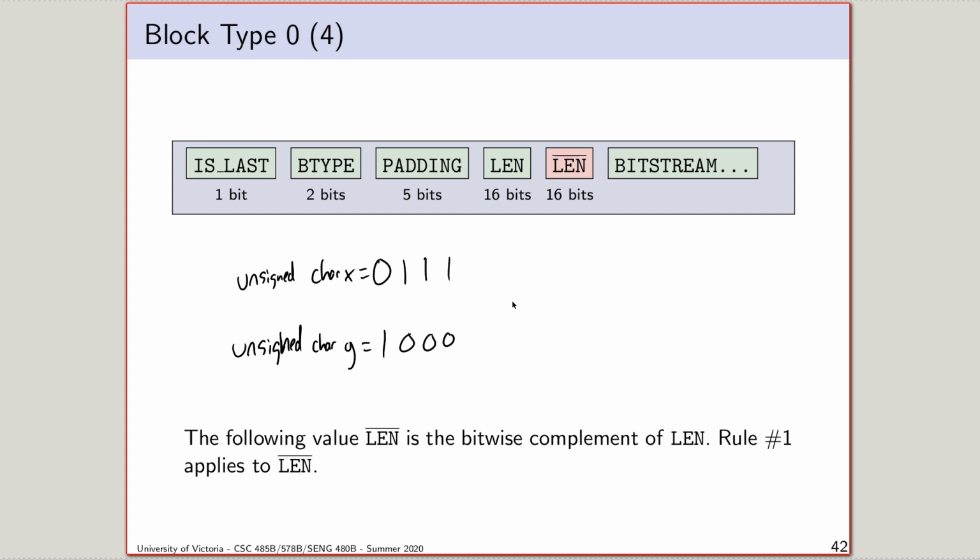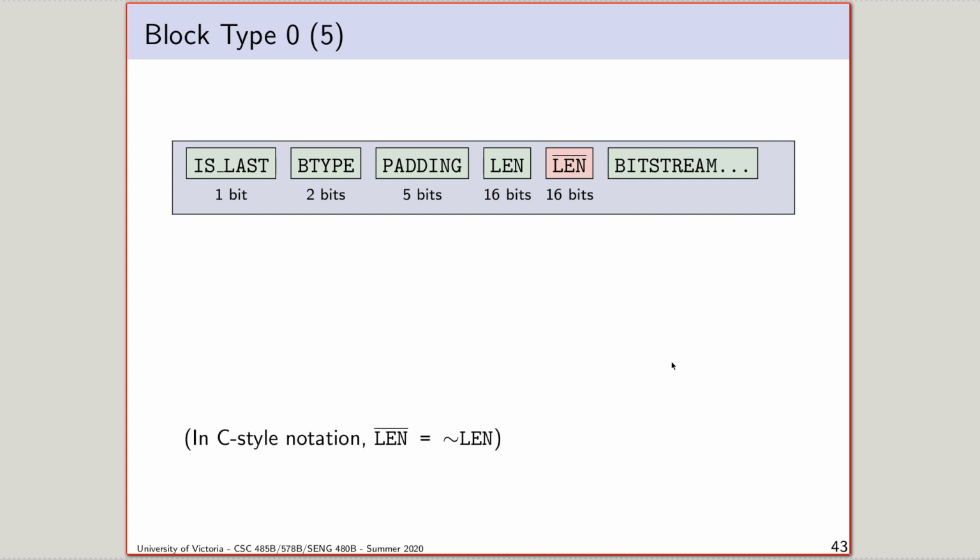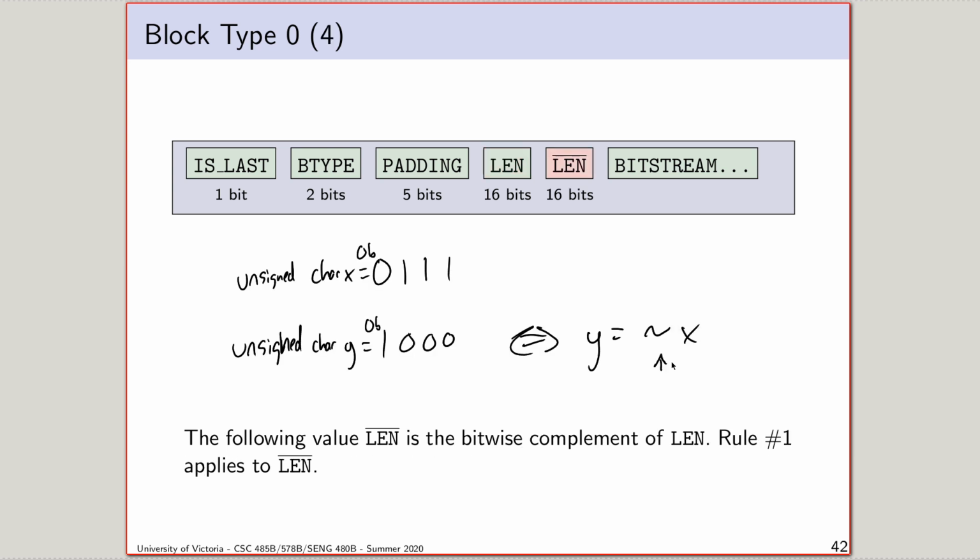I should write 0b to make sure it's a binary value. I could also write y equals this symbol x. This operator is the bitwise not operator in C and C++. So I could also write this. It's weird to think about that. This doesn't give me any extra information. I mean, this is the same value, but with all the bits flipped.